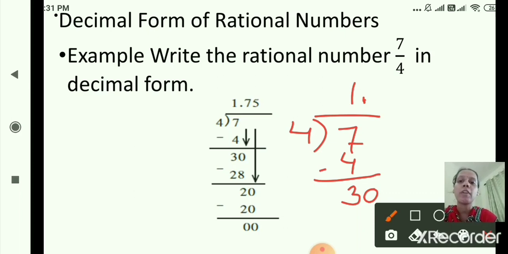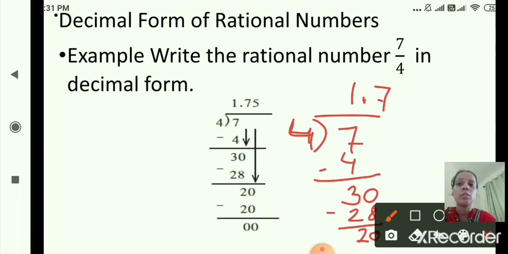Yes, now we can divide this 30 by 4. 4 7s are 28, right? So 30 minus 28 is, yes, 2. Now again here it is 2 and here it is 4. Can we divide 2 by 4? No. So we'll add 0 here, but you will not write the decimal point again. Directly you will add 0. Now we can divide this 20 by 4. 4 5s are 20. Okay.